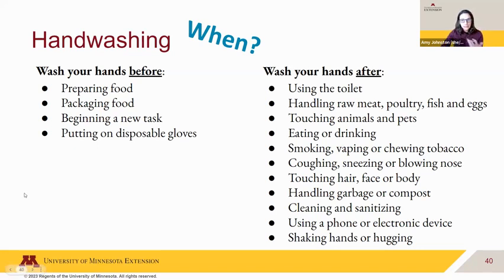That even includes taste testing, smoking, vaping, or using chewing tobacco, sneezing or blowing your nose, touching your hair, your face, or your body, handling garbage, recycling, or compost, cleaning and sanitizing, using your phone or an electronic device, and shaking hands or hugging.